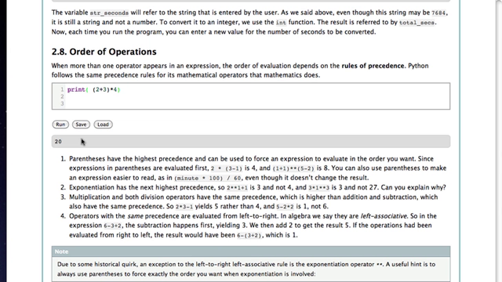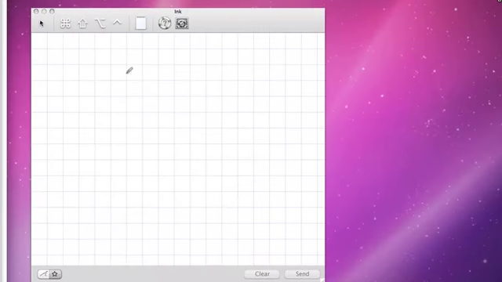Now we said that multiplication and division operators are done before the addition and subtraction operators. But we've also talked about the fact that there's another operator called the exponent operator. The exponent operator, remember, is star star.